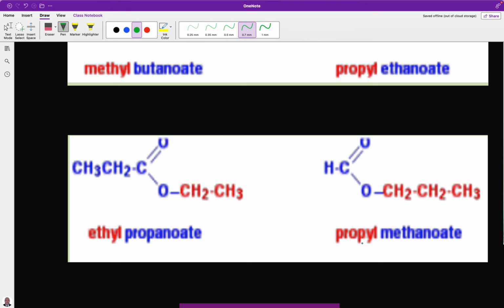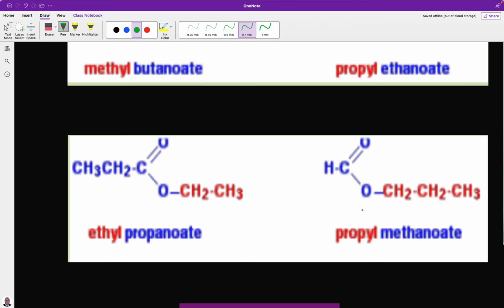Finally, if we come here, we will see that the red part of it is provided by the alcohol, which is propan-1-ol, and the alkyl group is the propyl group. The second part of it is provided by the one carbon group acid, which is methanoic acid, and it has provided methanoate.